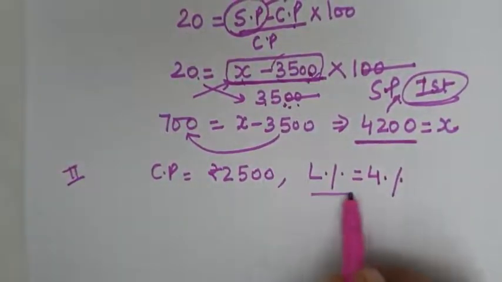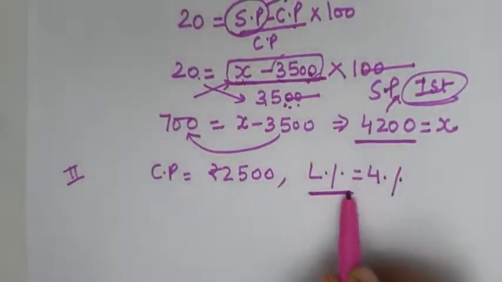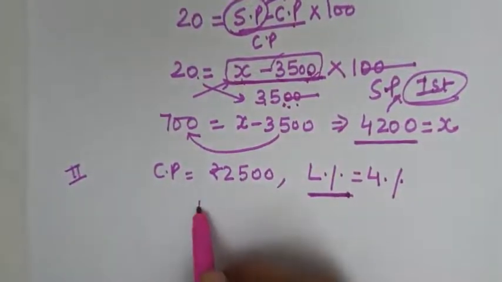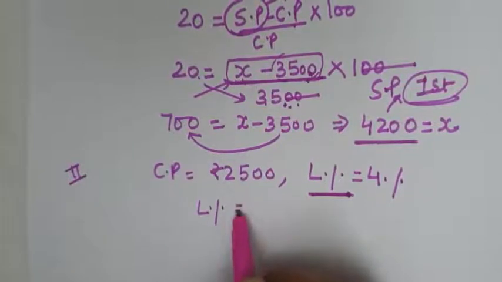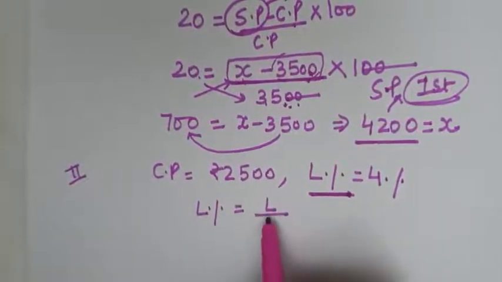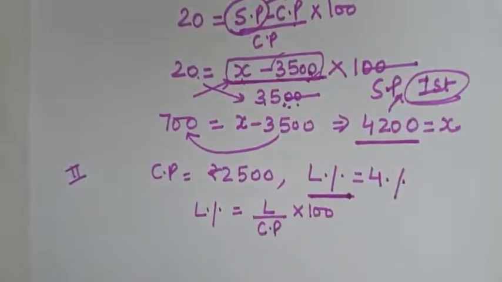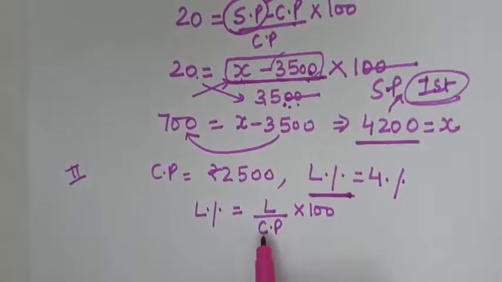So the loss percent is given. So let us start with the formula of loss percentage. Now the loss percentage is loss upon CP multiply 100. Loss percentage is loss upon cost price multiply 100.